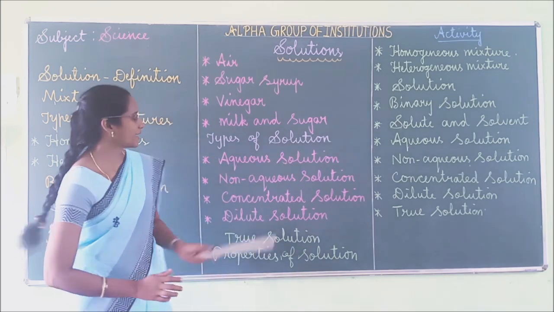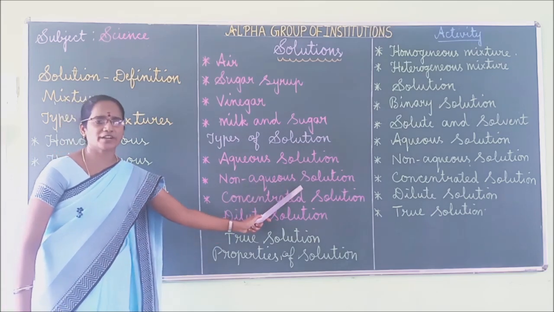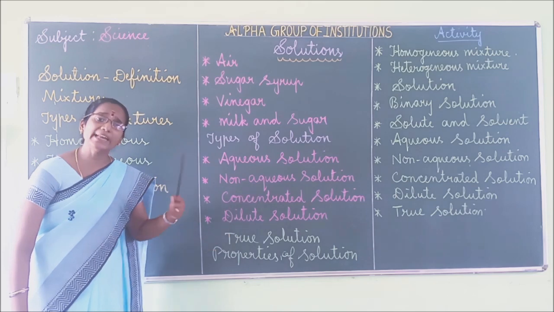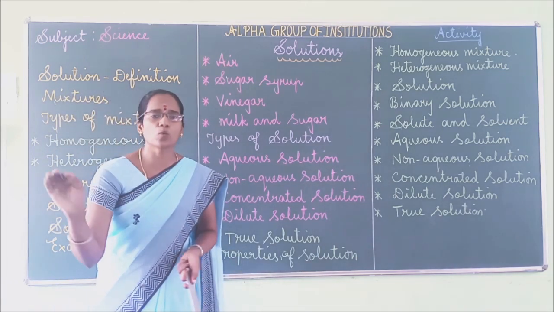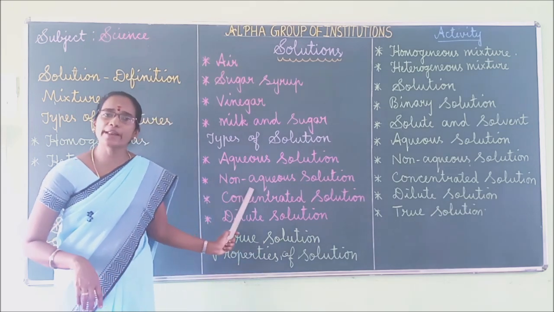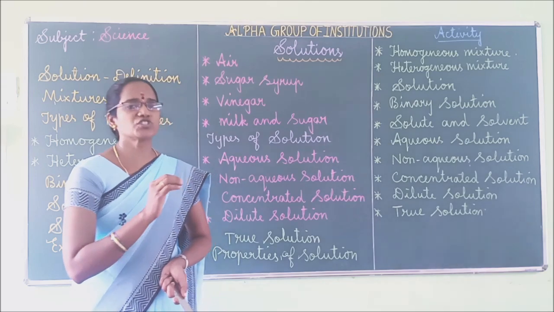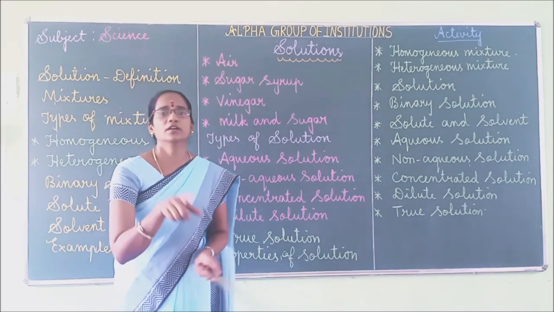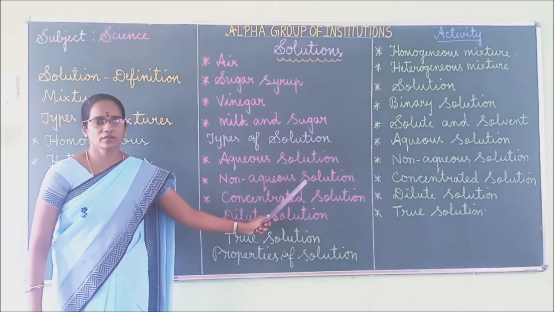Got it, children? Right. So next one is non-aqueous solution. Here we are not using water as a solvent. Non-aqueous solution means the solution in which any liquid other than water is used.